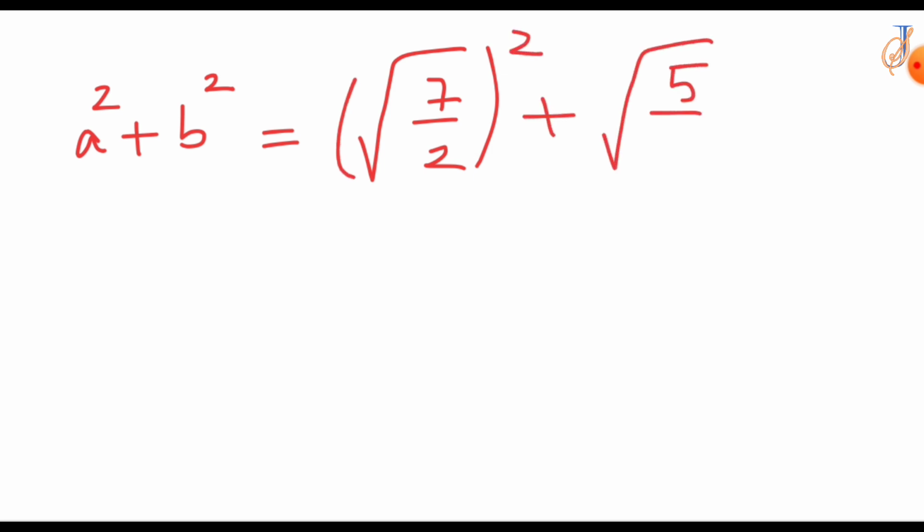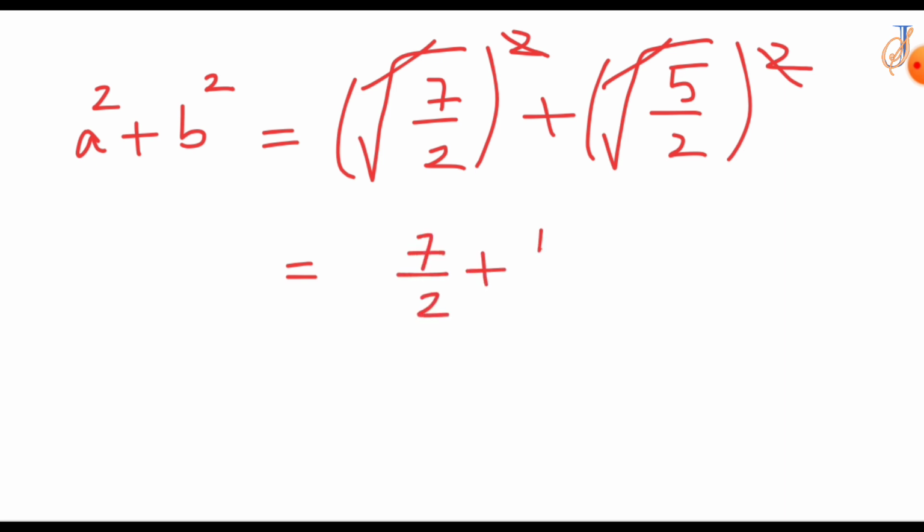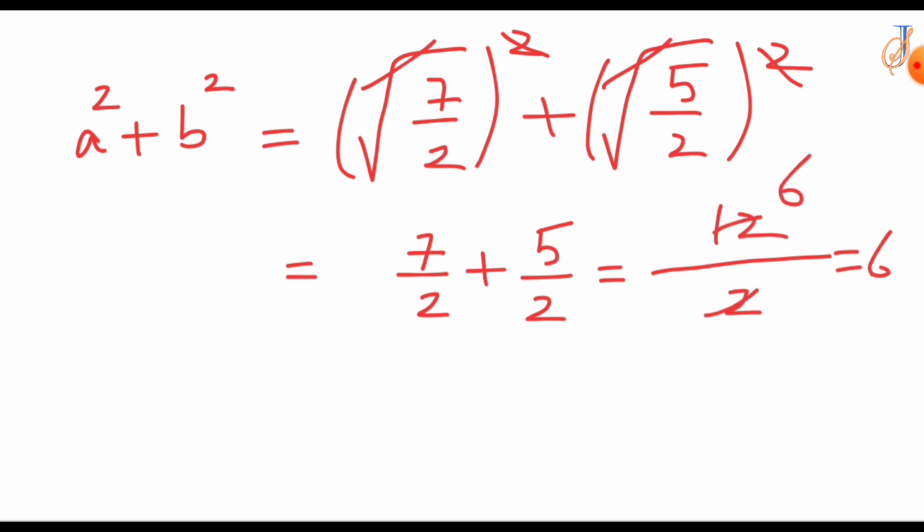Square root of 5 over 2 whole power 2. Square root and square get cancelled. So you are left only with 7 over 2 plus 5 over 2. At the denominator 2, let's take 2 as common. Then we have 7 plus 5, which gives 12. 12 over 2 after cancelling, you will get only 6. Yes, we are getting 6 here. So that's why we are on the right path.